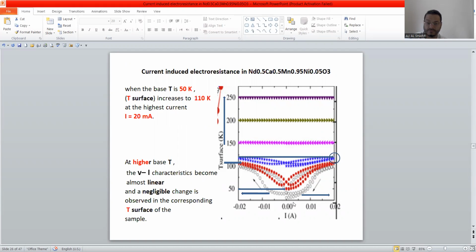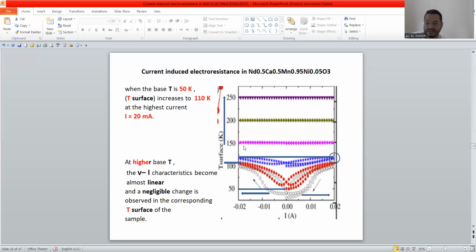Like I said before, the white balls start from 30 Kelvin, the surface temperature, and when increasing the current from 0 to 20 milliampere, it increases to approximately 100 Kelvin. With the red balls, when the bias temperature is 50 Kelvin, it's approximately more than 100 Kelvin.